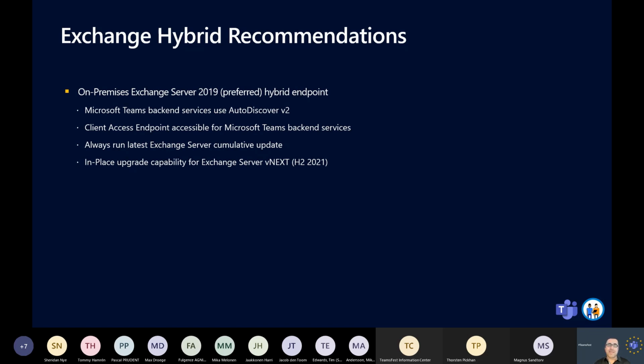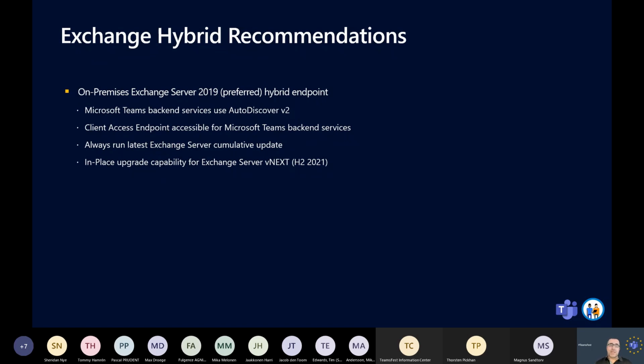And Exchange Server 2019 is the supported version for an in-place upgrade. Any older version of Exchange, let's say 2013 or 2016, which later this month will move from mainstream support into extended support, will not be capable of an in-place upgrade. So you would need to set up Exchange Server vNext in parallel and then perform a classic Exchange transition.